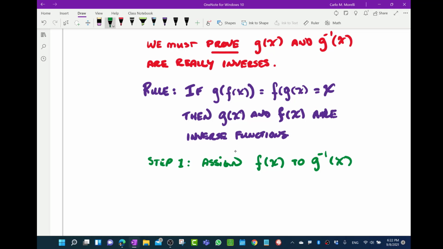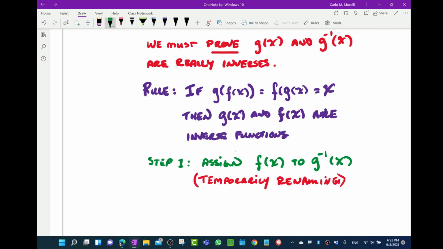All right? So you're just renaming it, right? You're just temporarily renaming g inverse x f of x. Okay?